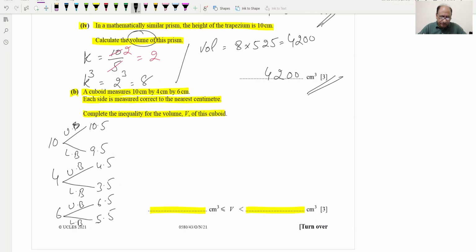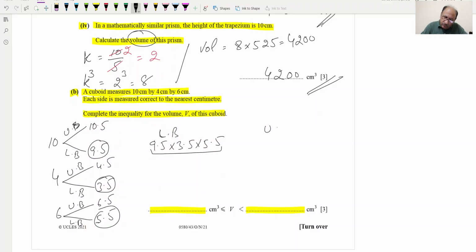Now for the lower bound we will be multiplying the numbers which are lower bounds. So these numbers will be multiplied, which is 9.5 multiplied by 3.5 multiplied by 5.5, and this will give us the lower bound.